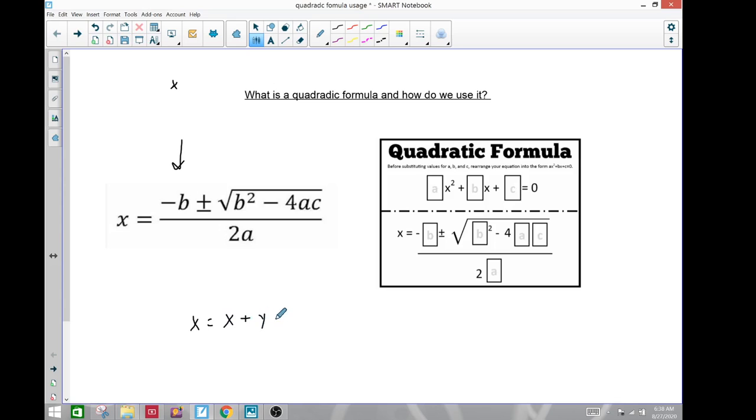Let's just change this out. They're going to call this number C, and then they're going to call this number B, and then there's going to be a variable, which for us is going to be time, and then another number here, which is going to be A, and then our time is squared.